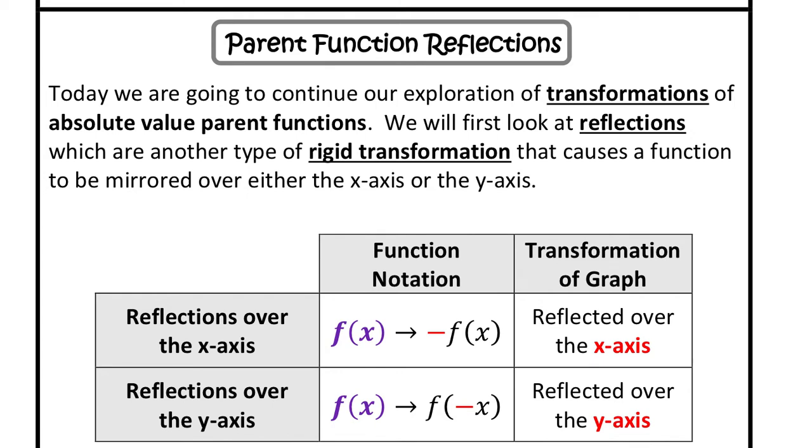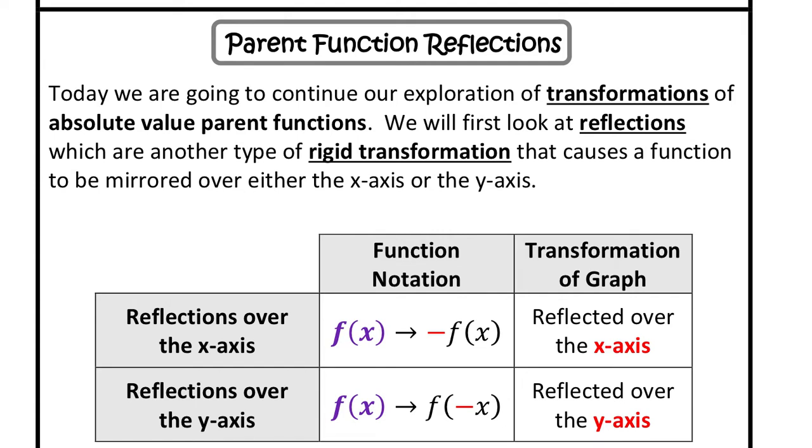Non-rigid, and I'll explain it more later, is when you're changing the size of the shape. You're making it wider or narrower. But here we're going to be looking at rigid transformations where it keeps the same size. We're just going to reflect it kind of like a mirror.